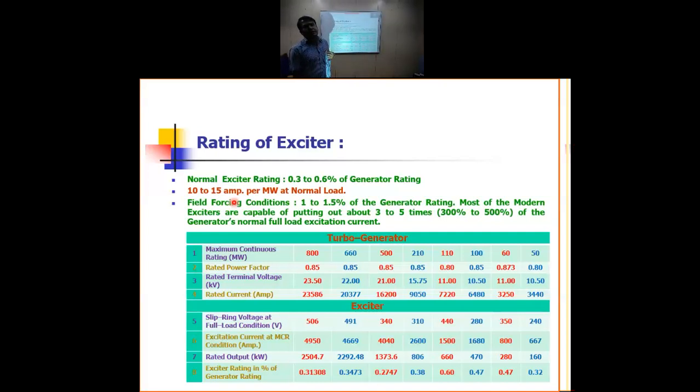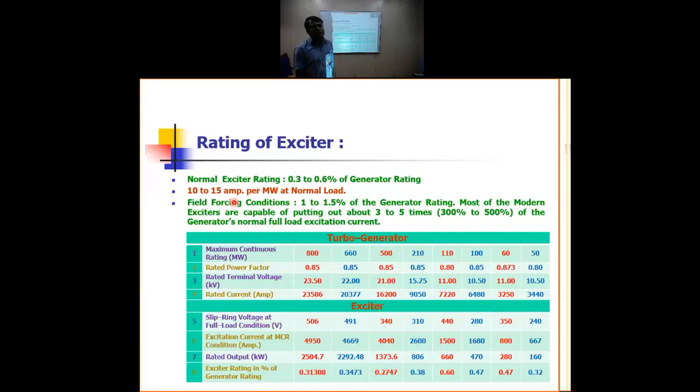Otherwise the generator will be heated up and it will be burned. So the armature or field structure should be able to provide some more amount of power during fault condition. But you know that as soon as fault is created, the relay is sensing the fault and disconnecting the generator from the supply.